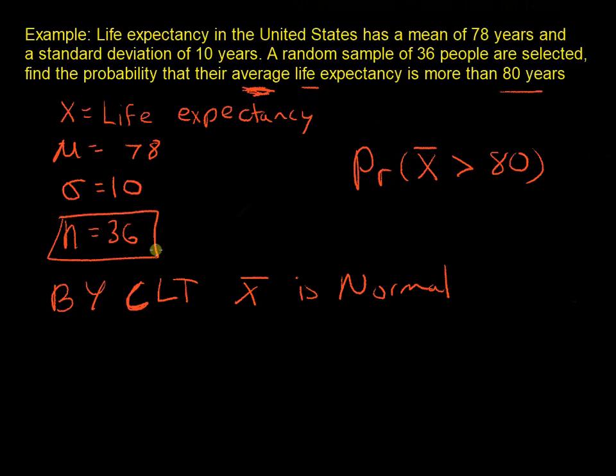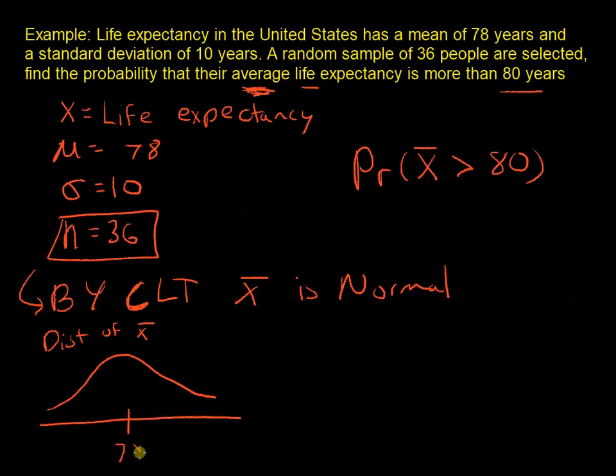Because the sample size was larger than 30, we can make this assumption that by CLT, x bar is normal. So now we know x bar is normal, and I'm trying to find the probability x bar is greater than 80. Let me go ahead and draw out what I know. This is now going to be the distribution of x bar, and in the center is going to be 78, right?